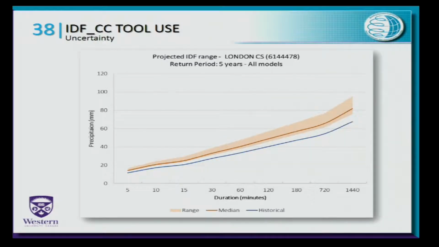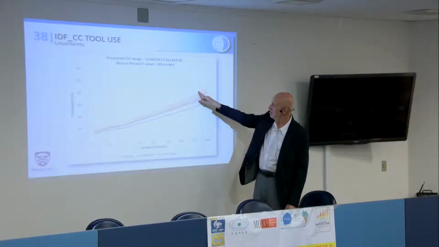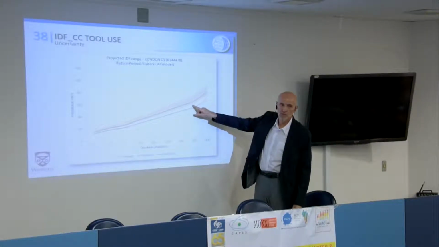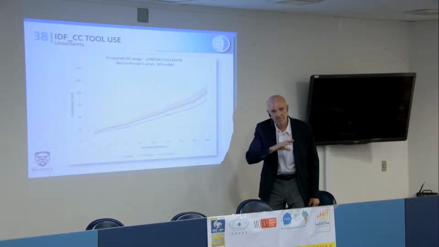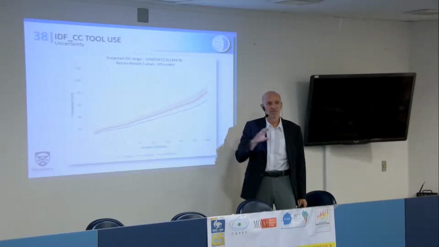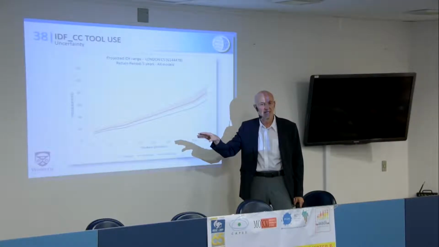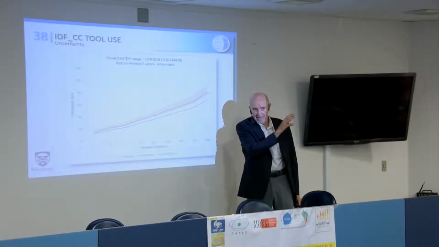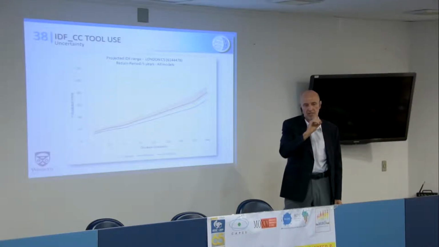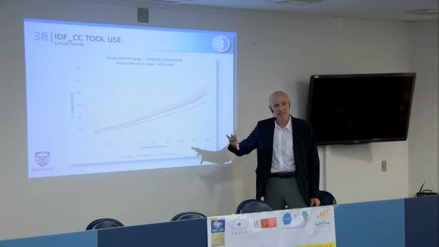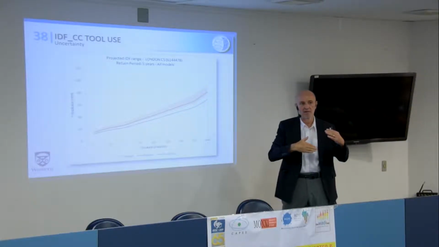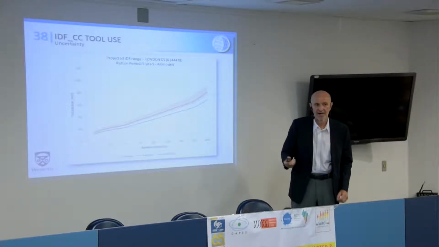So we selected two models, the one that produced the upper bound and the one that produced the lower bound. And we repeated the whole analysis of the risk of flooding in the city for the upper and lower bound. So we carried the climate input through hydraulic analysis and risk analysis to see the potential impacts of the range on the final risk.